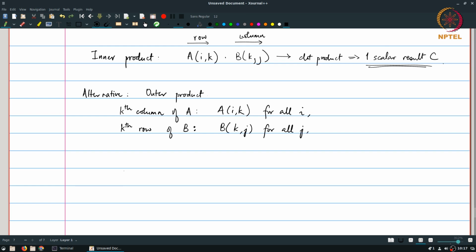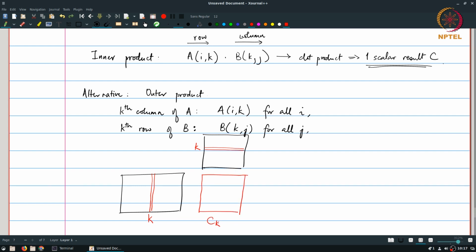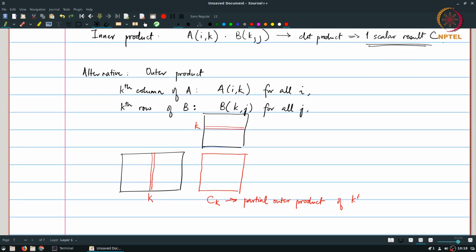Now, if I take the kth column of A and the corresponding kth row of B, what I get when I multiply these two together is one matrix which I'll call Ck, which is a partial outer product of the kth column of A with the kth row of B.